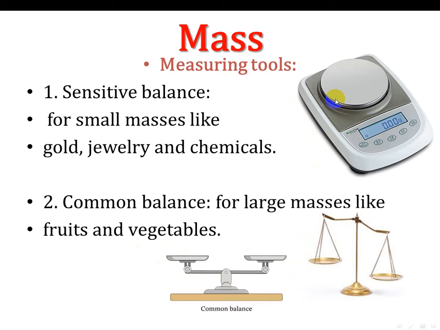Sensitive balance is used for the small masses like gold, jewelries and chemicals. But the common balance is used for large masses like vegetables and fruits.